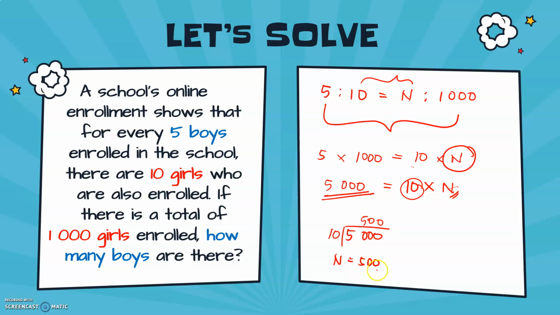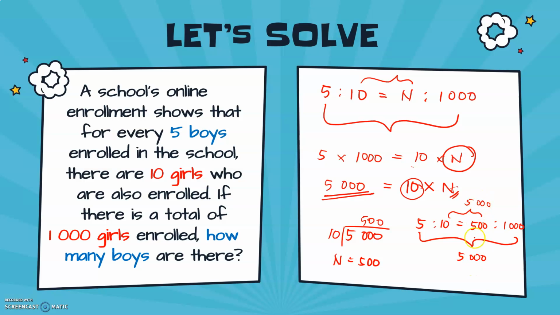And for us to check if our answer is correct, let's just substitute it to our proportion. So we'll have here 5 is to 10 equals 500 is to 1000. Let's multiply the extremes and the means. 5 times 1000, that will give us 5000. 10 times 500 will also give us 5000.